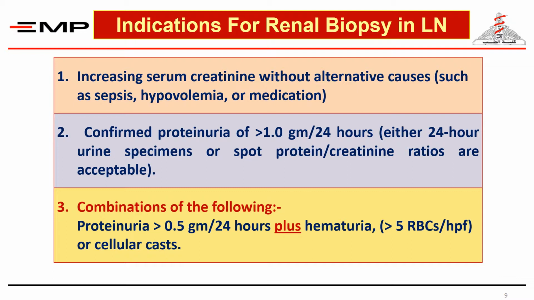Combination of the following: proteinuria more than half a gram per day plus hematuria or cellular casts in urine. One of these indications is sufficient to ask for renal biopsy to diagnose lupus nephritis, because it is very important to diagnose it early and to treat it early to avoid renal failure.